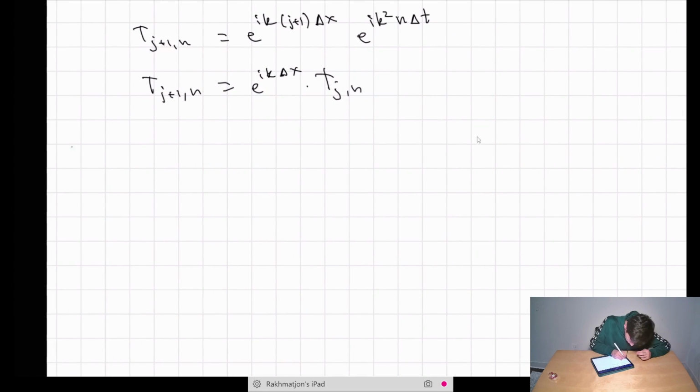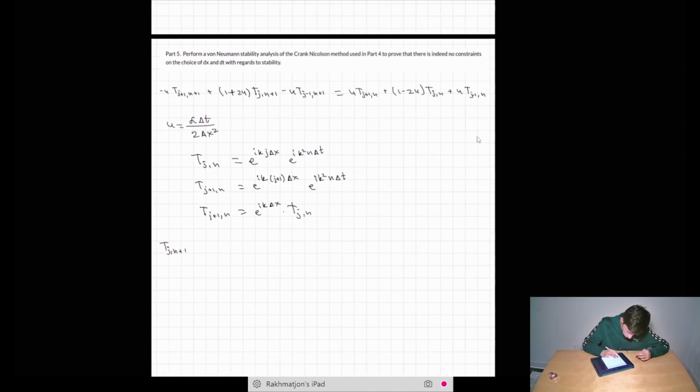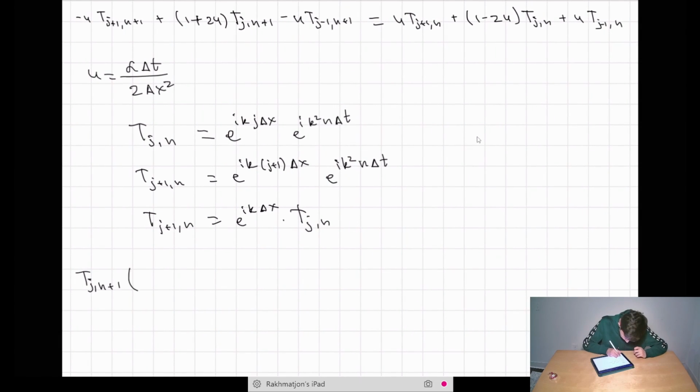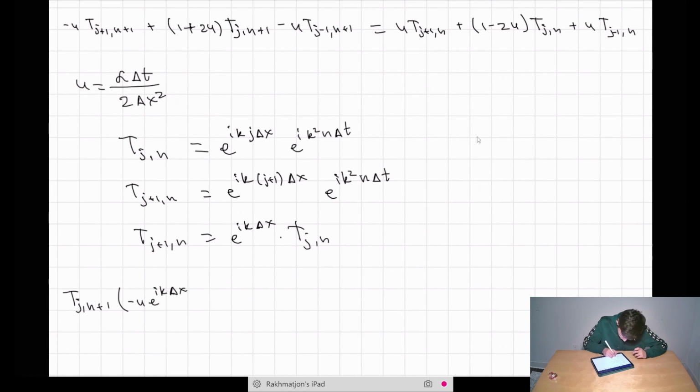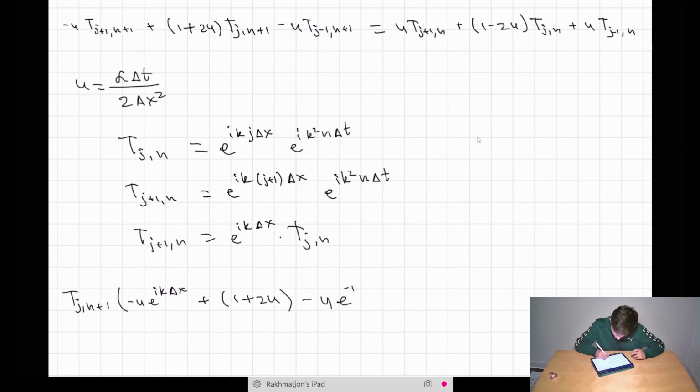I'm going to factorize Tj at n plus 1, so this becomes negative u e to the i k delta x, plus 1 plus 2u, minus u, and this is Tj at j minus 1, so it's going to differ by the factor of negative i k delta x.